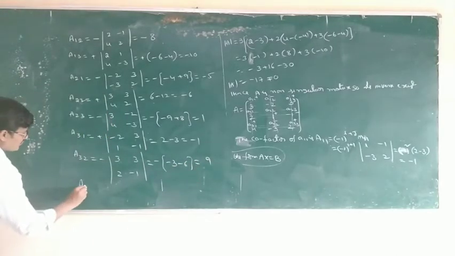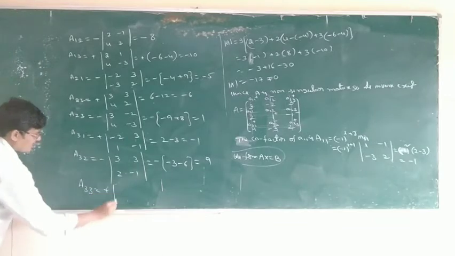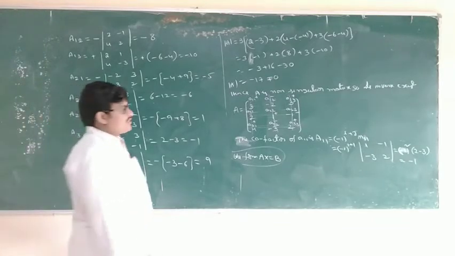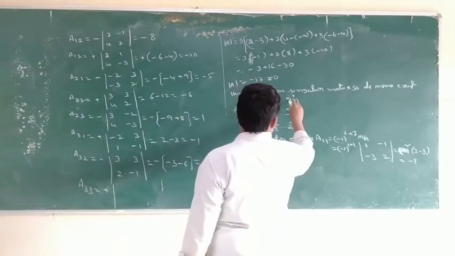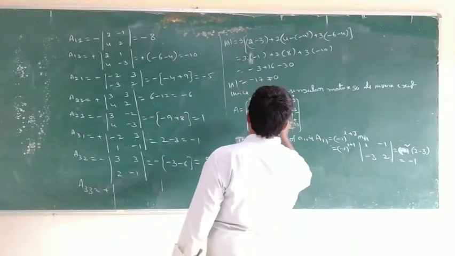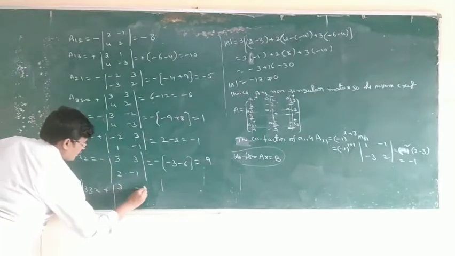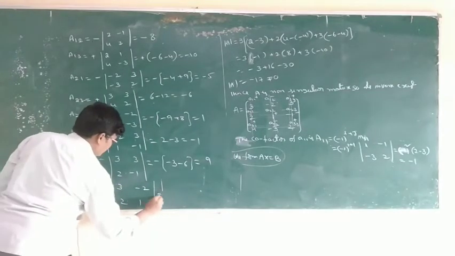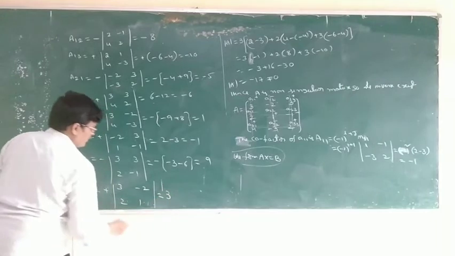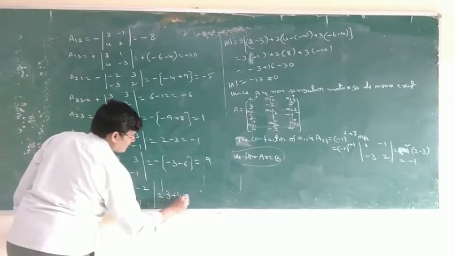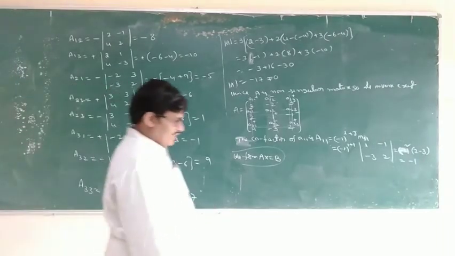The last one is A33: the position is plus, with the corresponding column and row deleted, remaining 3 minus 2, 2 1. So that is equal to 3 into 1, 3, minus of minus 2 plus 4, that is equal to 7.